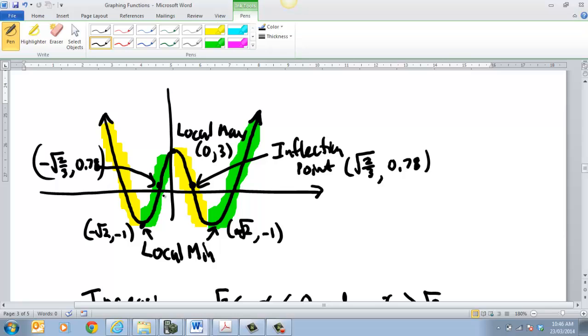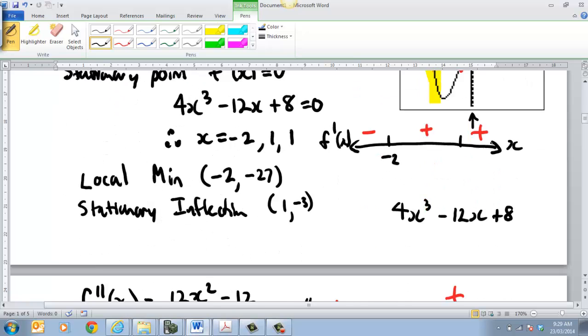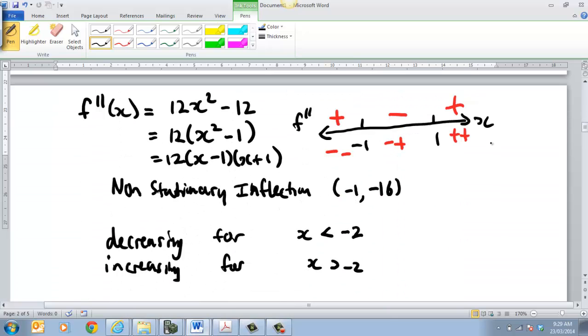Now the concavity bit in your exam, you need to make sure that you know how to do those. When you're looking from this view going up that way, that's what we say is concave. That's convex, and then it goes concave and convex again, and you get that from your second derivative sign diagram.